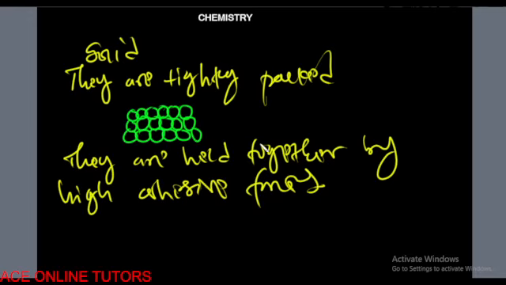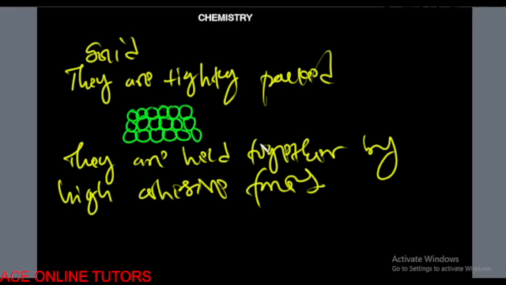So for solids, they have very high forces of cohesion. Those forces can be of various types, just like the ones we just finished discussing in chemical combination. They can be electrovalent bonds, covalent bonds, metallic bonds, and even van der Waals forces.